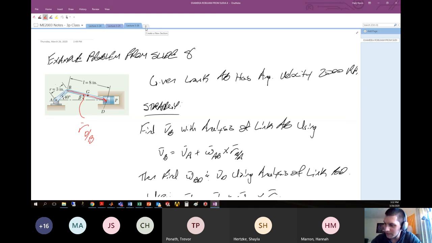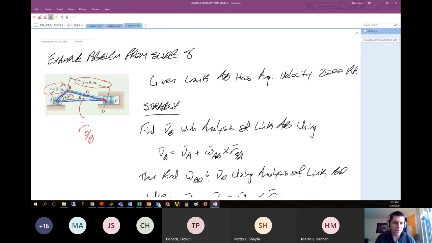So we need to do some tricks to figure out our position vector of D with respect to B. Let's have an aside and talk about what we do know. We know this angle, which is 40 degrees. We know this length, which is 8 inches, and this length, which is 3 inches. Analyzing this further, we have a triangle, ADB, with two side lengths and one angle.